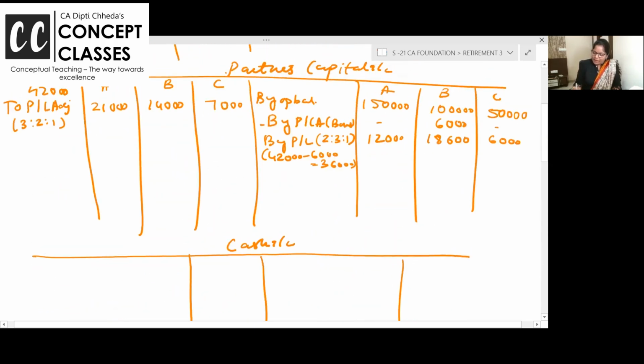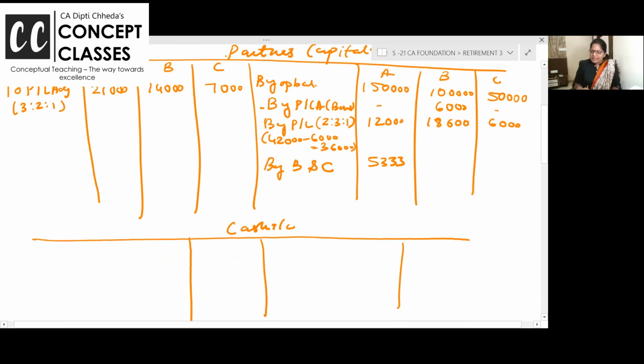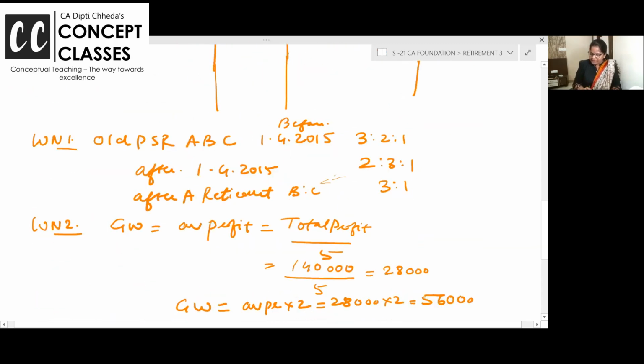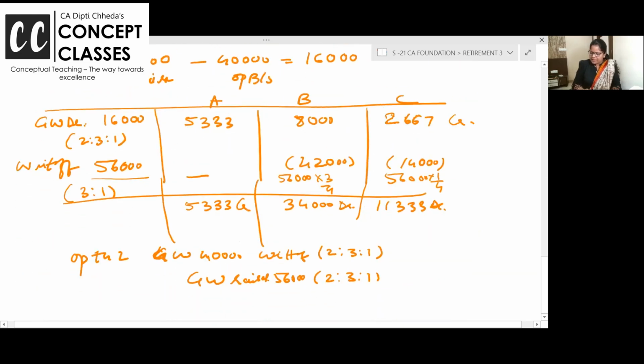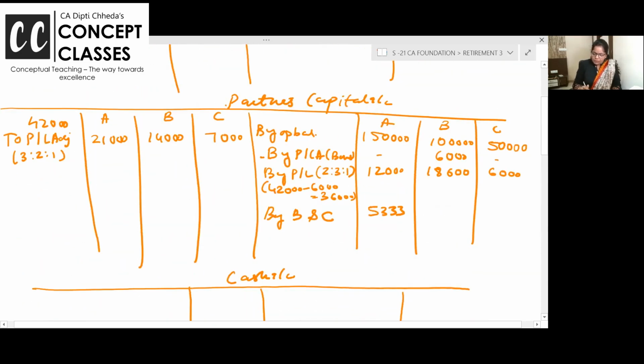Please come to the capital account and credit A with 5333 and write there by B and C. You can write combined. B and C together are giving A 5333, this is credit, and debit 34,000 and 11,333 to A's capital account, bracket goodwill, working note 2.